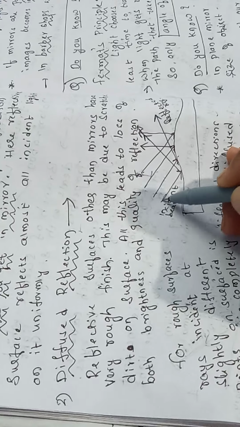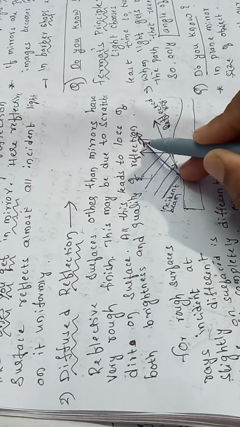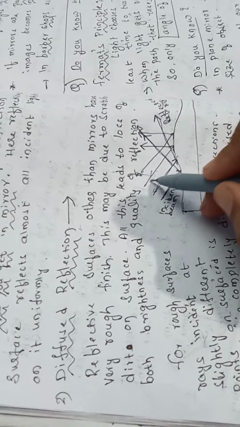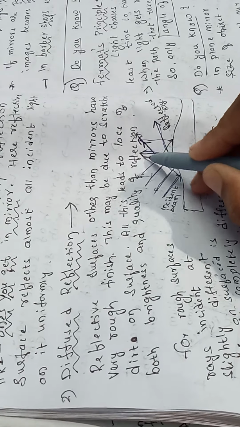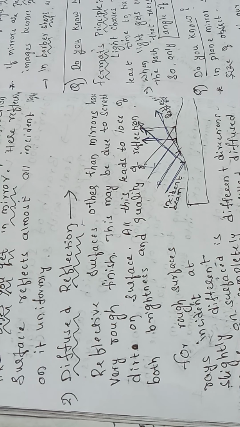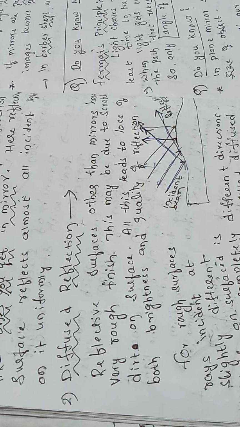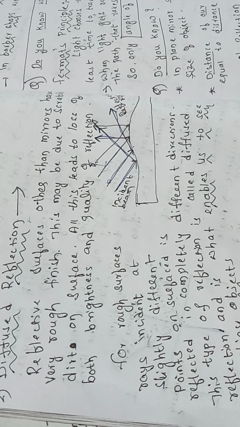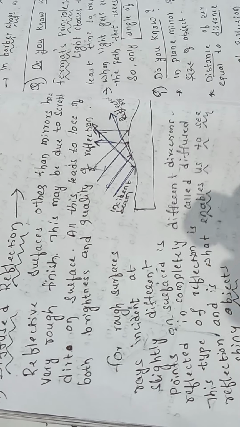You see, now this light is reflected in this direction, this incident ray is reflected in this direction, this is reflected in this direction. Means after reflection completely they will go in some different directions. So here reflection is not uniform. Okay, we will find non-uniform reflection. So such kind of reflection we call it as diffused reflection.